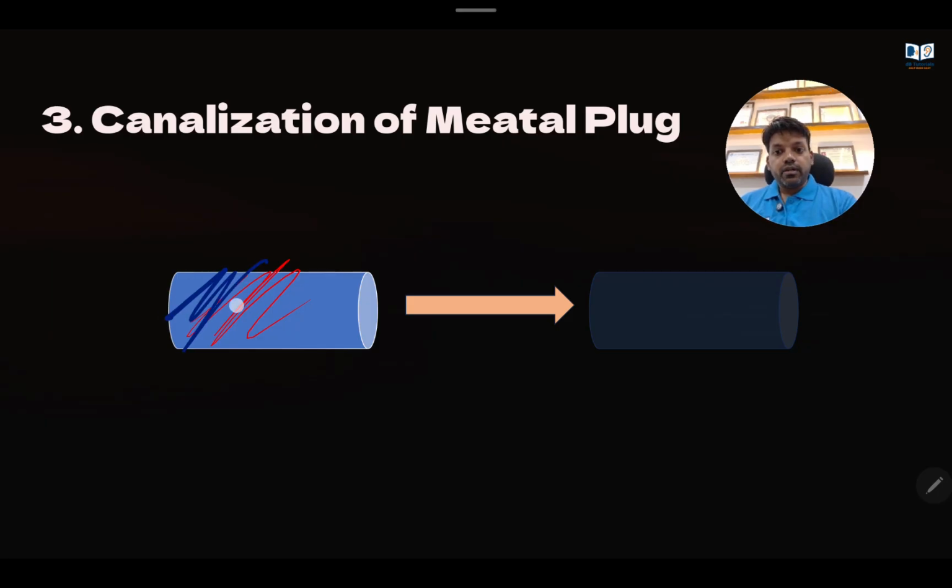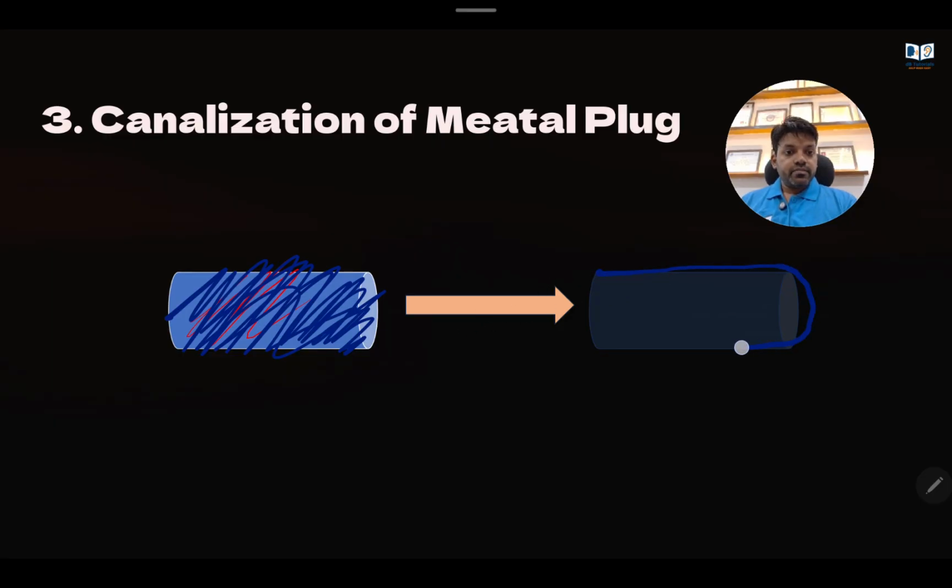Let's take the blue color. This is the filled one, right? After some time this emptiness happens because canals are empty, so there is only air. This is called canalization. So there are two stages: first the meatal plug is formed, and in the second stage there is canalization. Understood?